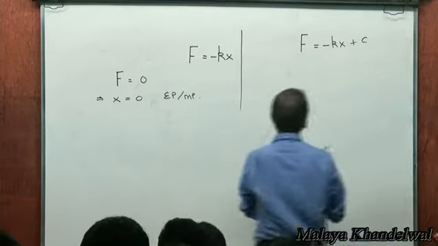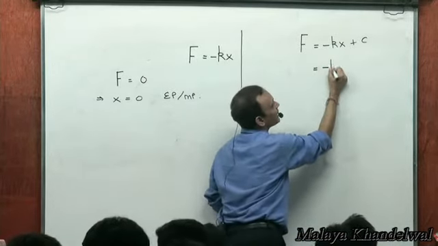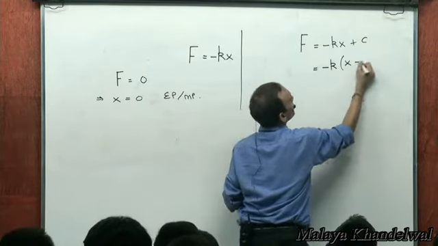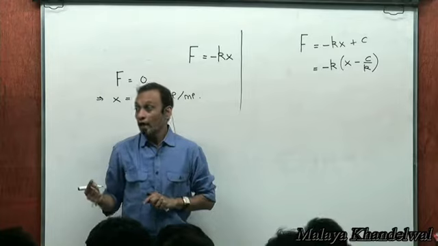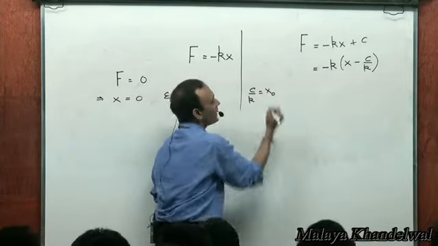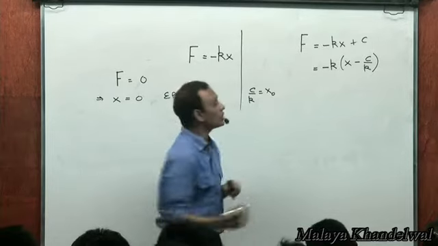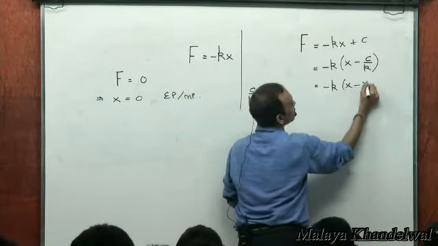Now, this could have been written as minus k into x minus c by k, and c by k I can refer to as some x naught. So this is like minus k into x minus x naught.